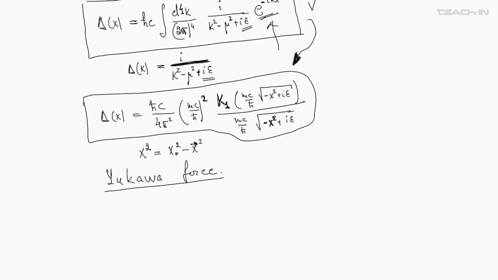These quantities in particular are correlation functions. And the Feynman propagator is the simplest example of a correlation function. In this case, it's a two-point correlation function of the scalar field.